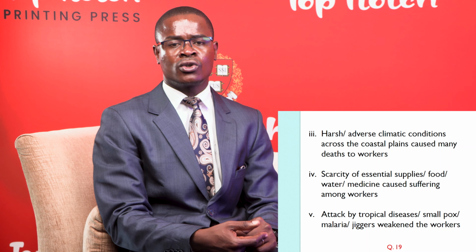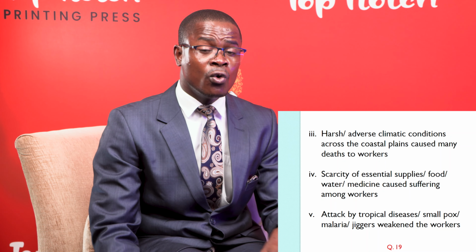Then number three, harsh or adverse climatic conditions. Harsh or adverse climatic conditions across the coastal plains caused many deaths to the workers. And by the way, who were these workers? The constructors of the Uganda Railway were mostly the Indian coolies.